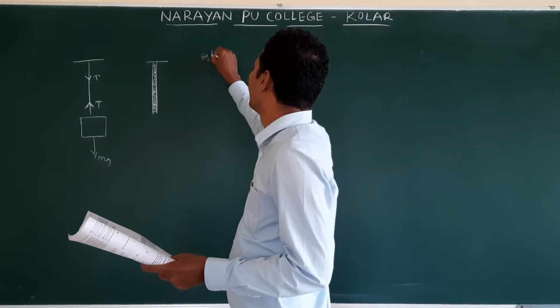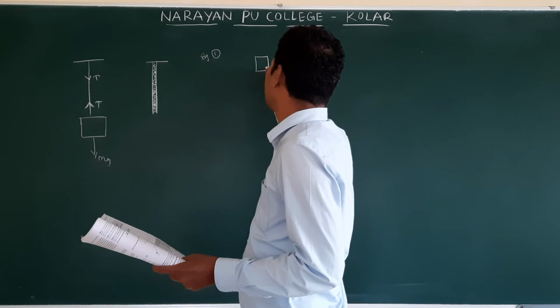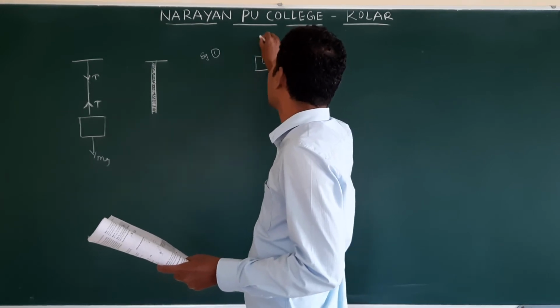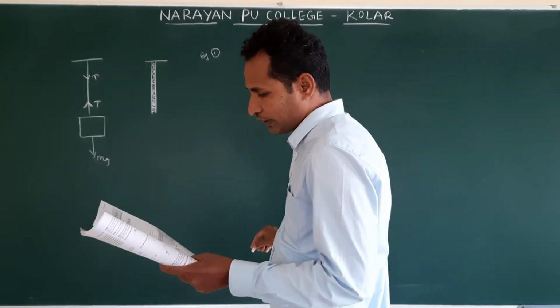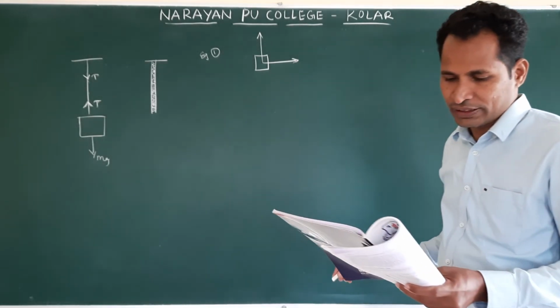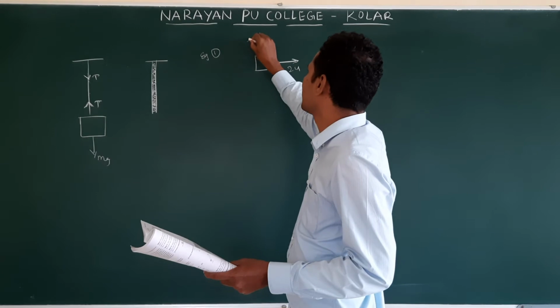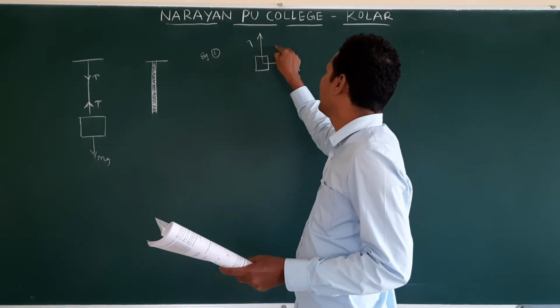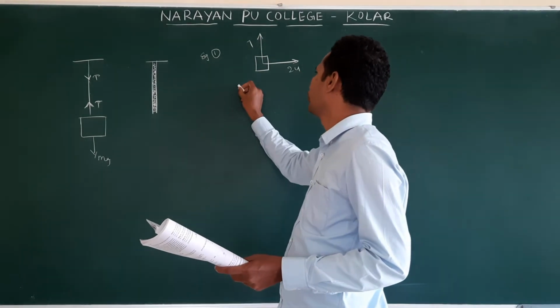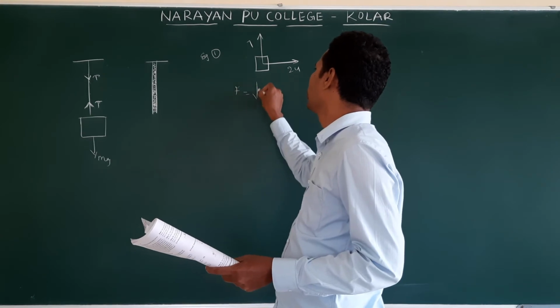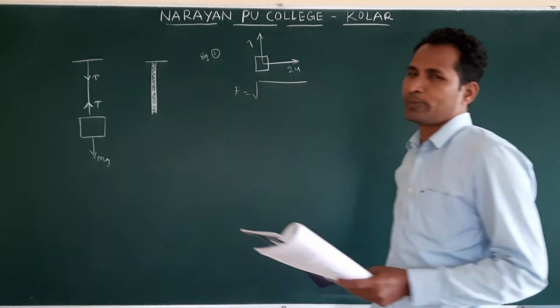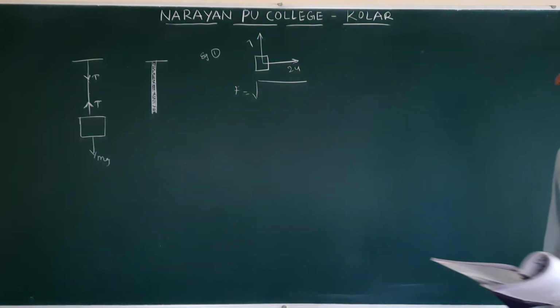Example problem 1. Already we have done this kind of problem in exercises. Clear? One force is 7 Newton, another one is 24 Newton. What is the angle between them? 90. So what is the F? F is equal to under root of F1 square plus F2 square plus 2 F1 F2 cos theta, and cos 90 is 0.